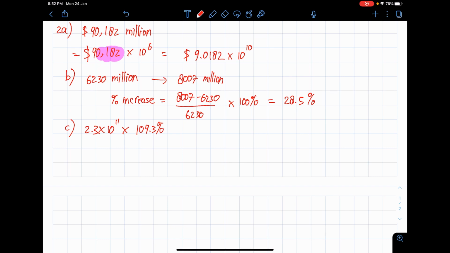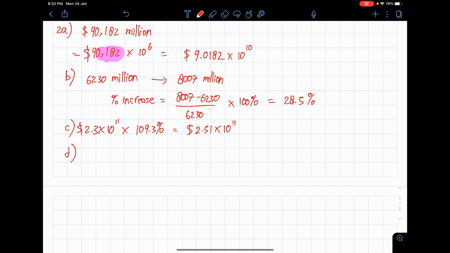Don't just multiply by 9.3%, that would be wrong. This will give you, this is a dollar amount by the way, somewhere around 2.51. We are still multiplying it with 10 power of 11, so I just need to copy down that number.